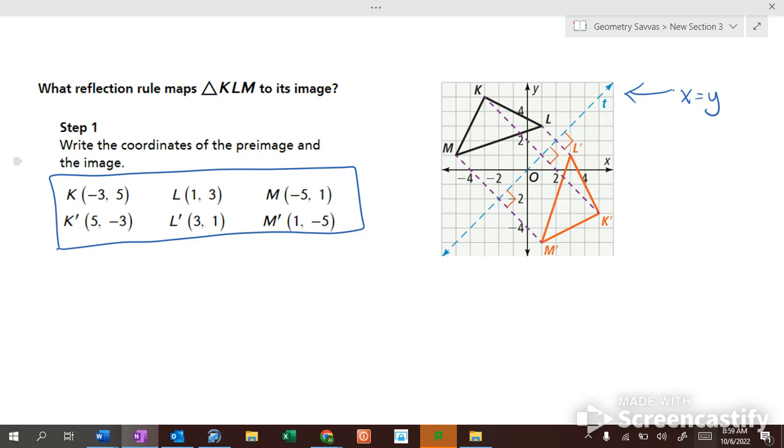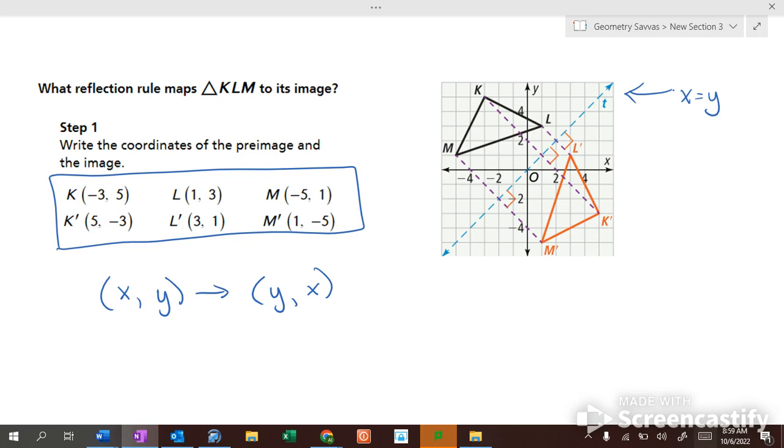They just switch places, right? So when you go across the line x equals y, it becomes y, x. You just flip them around. They just change places. Okay?